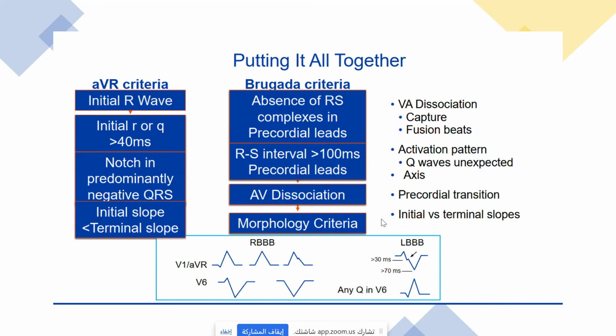Either you will find left bundle branch block morphology or right bundle branch block morphology. Usually, if it is typical left bundle branch block wide complex tachycardia, or typical right bundle branch block, you will favor SVT with aberrancy.